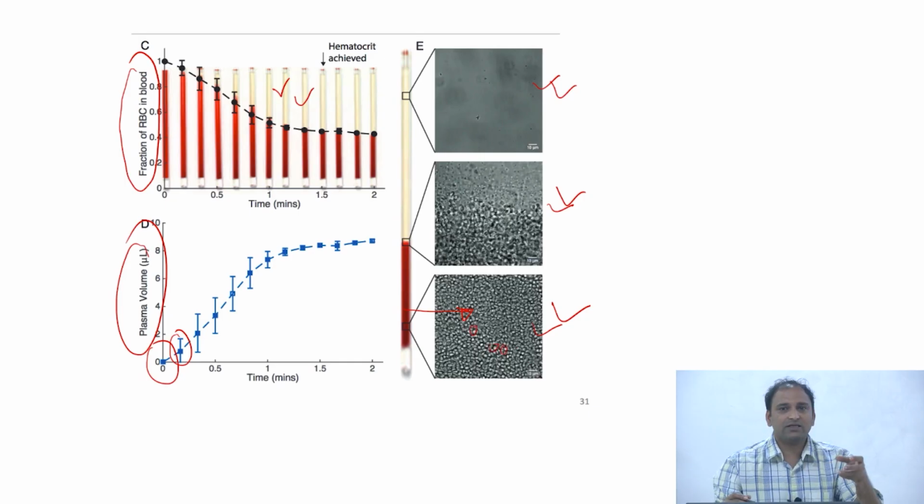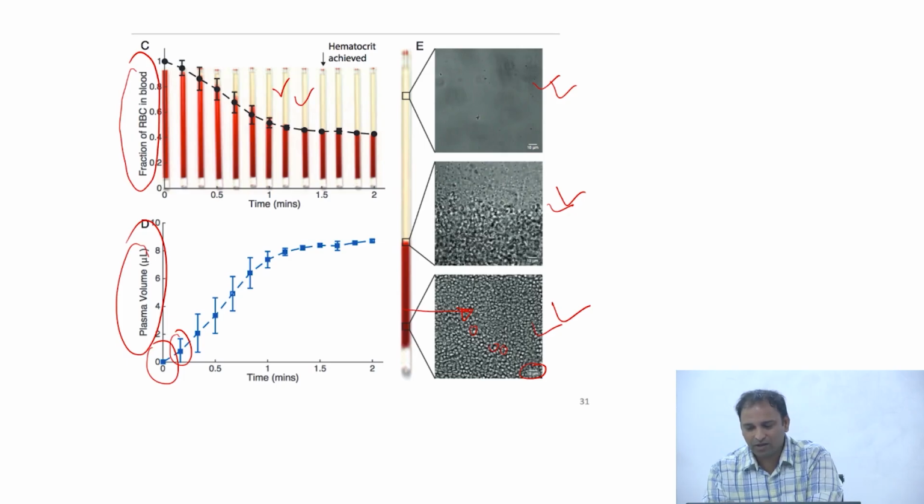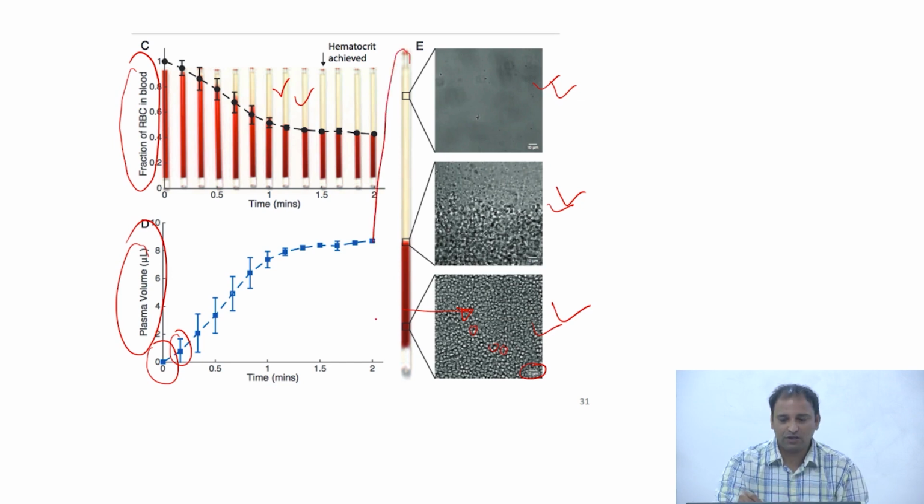These are RBCs, red blood cells, which have a typical dimension of about 8 micrometer. The scale bar here is about 10 micrometer, so the objects that you see are sub 10 micrometer in dimension. This just says that the visual observation is confirmed by the microscopy measurement. That's all.